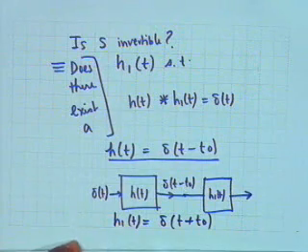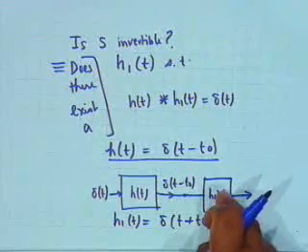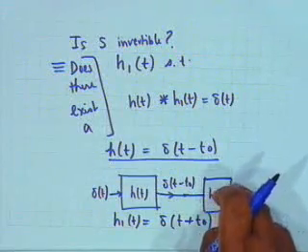There is a problem here. If t naught is positive, what does it mean? It means that you have advanced, you have anticipated, and therefore the inverse system is non-causal. Alright? Causality is not part of invertibility.